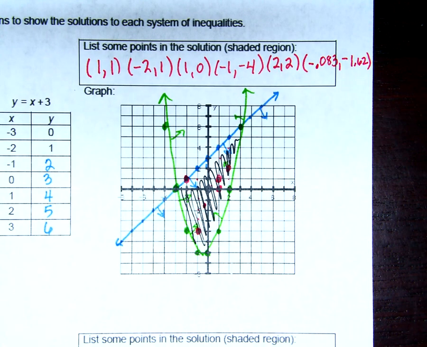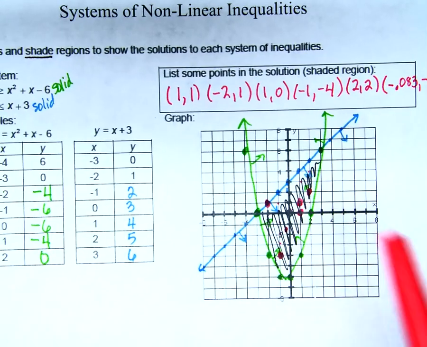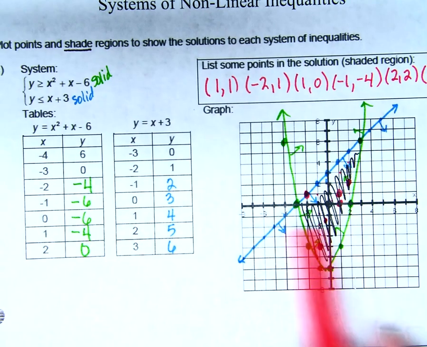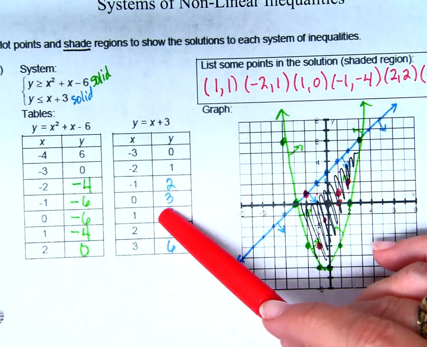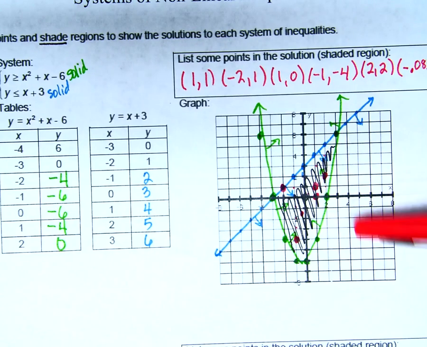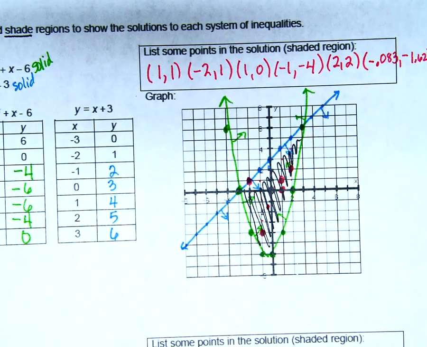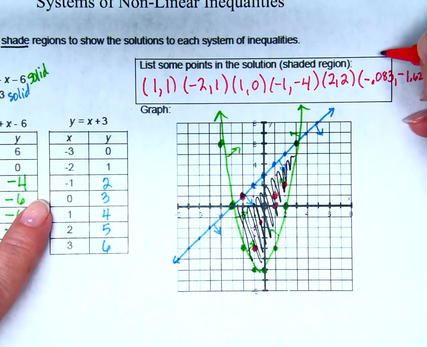Yes? Any questions about solving a system of nonlinear inequalities? So go through, do the steps that we just did: fill in the table, plot them, decide if it's solid or dotted, then you do shading, yes? And then decide points that lie in the shaded region. We were just going around the room, making sure we have all the options, right?